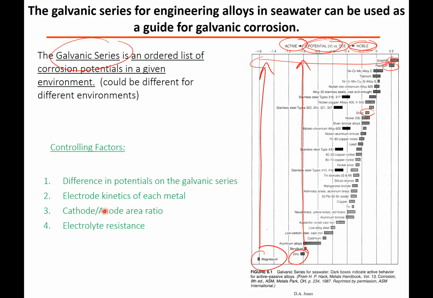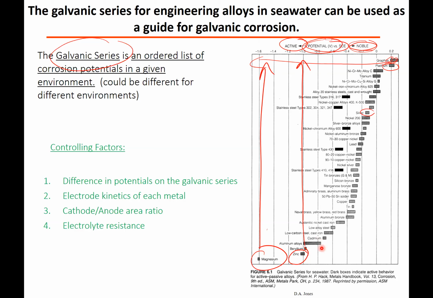Okay, so what do I mean by that? If you have a material, let's say aluminum versus some sort of titanium here, not only do you have to consider where they are in the potential, one active and one more noble, one would say, obviously, aluminum is more active and more likely to corrode.